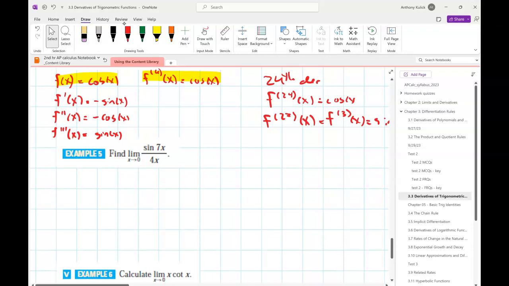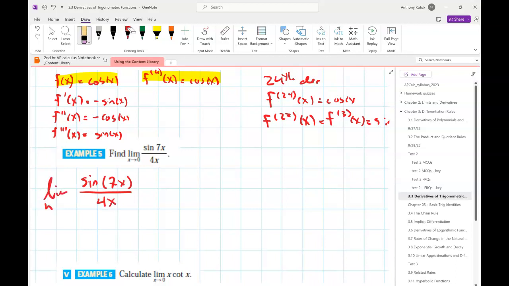Can I make this sine x over 7x, or can I make it sine 4x over 4x? The first one is right. So how am I going to change that 4x into a 7x? You mean 4 over 7, but yes.